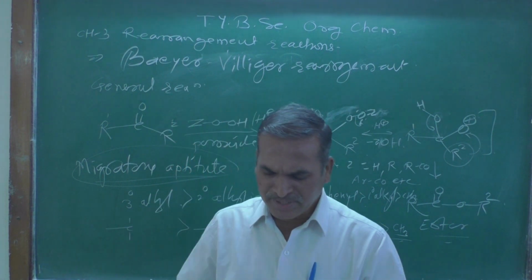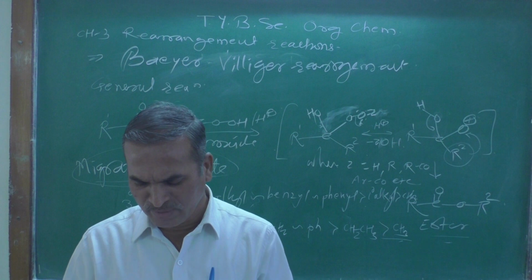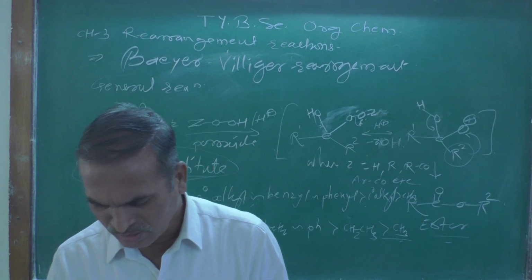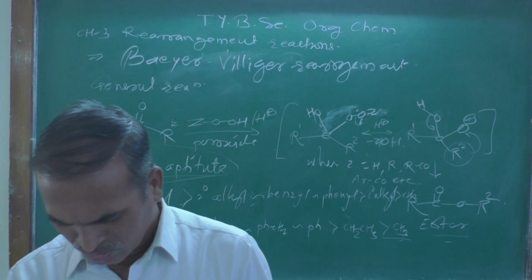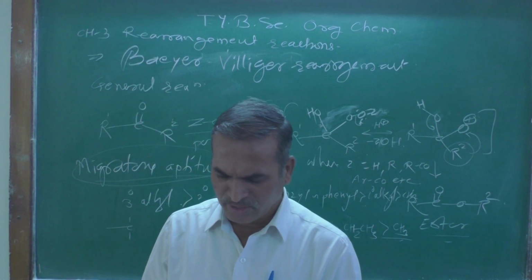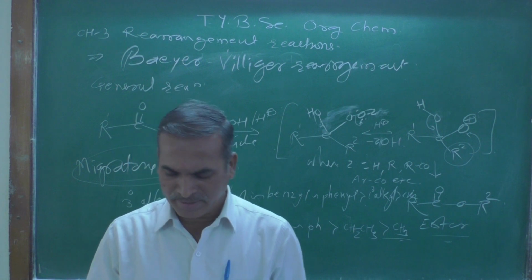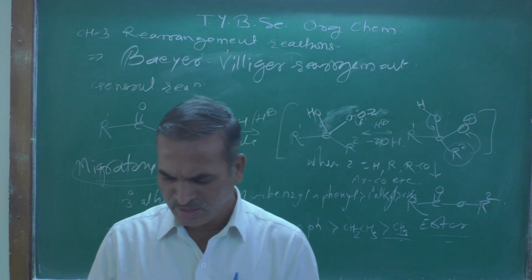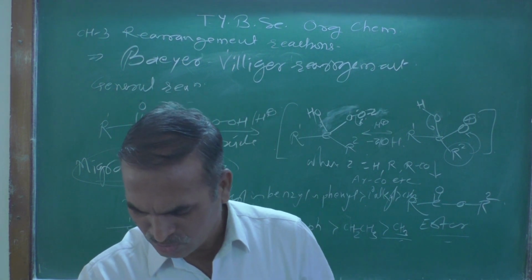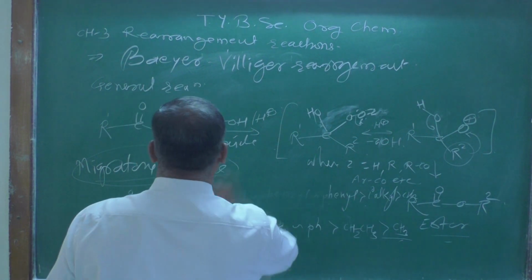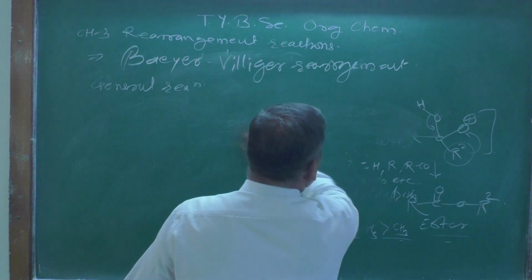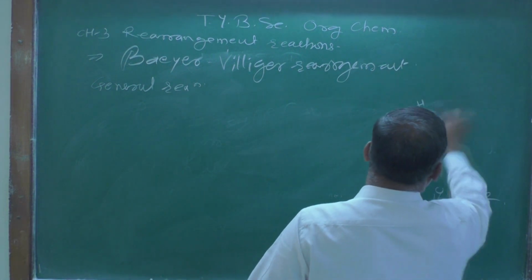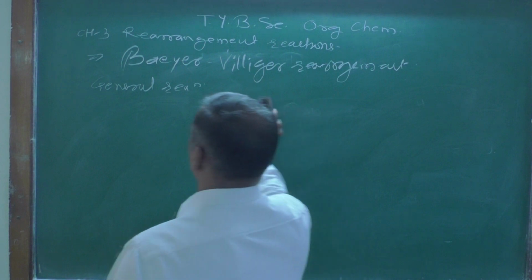Suppose an aldehyde is usually converted to a carboxylic acid under the above condition. Suppose you have a starting material, whatever general reaction we have seen over here.